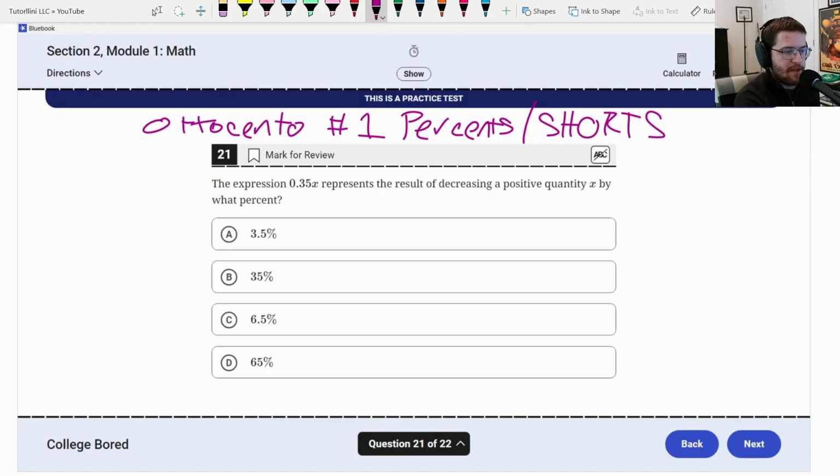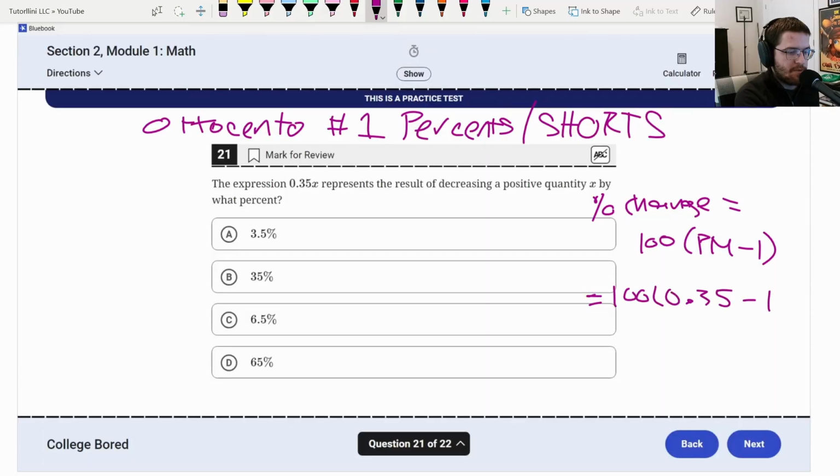So to find the percent change from a percent multiplier, we use the equation 100 times the percent multiplier minus 1. So I'm going to do 100 times 0.35 minus 1. That should give you negative 65%.